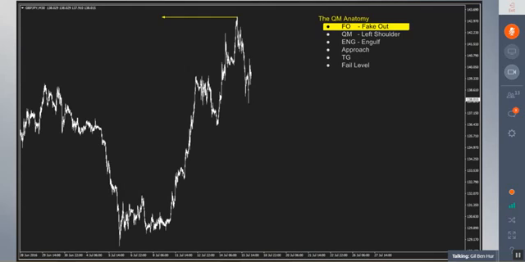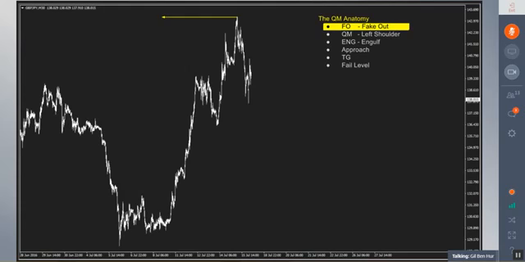Okay, so in that sense, when you time your entry on M1, but the level is a daily level, then your risk-reward potential is so big, and you're actually using Quasimodo as a confirmation to enter a daily trade.